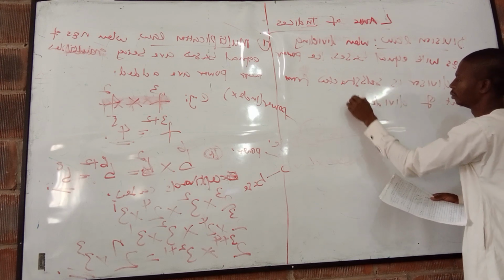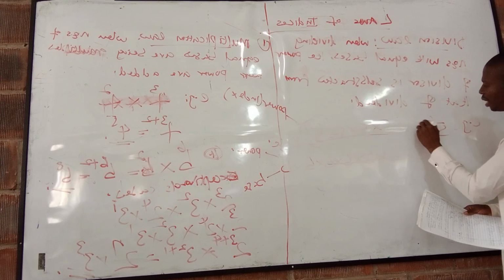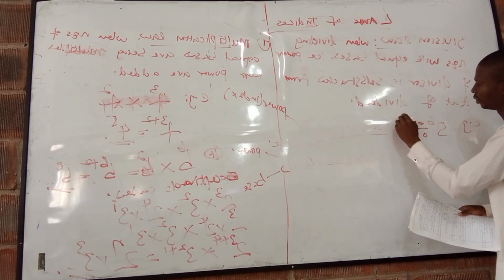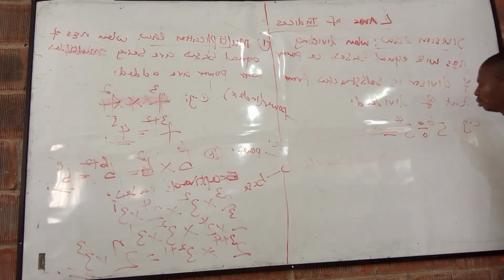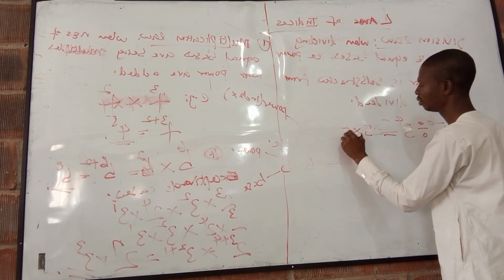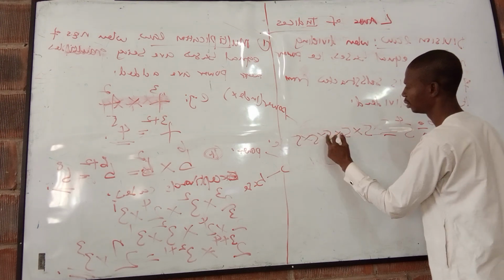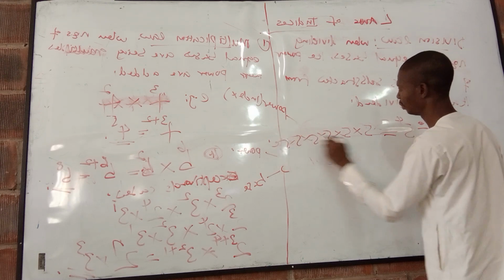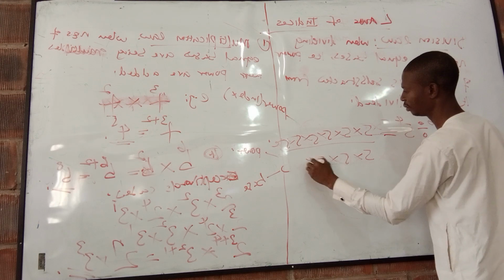Now, what that is telling us is, example given, 5 raised to 6 divided by 5 raised to 4. You can solve this by saying 5 times 5 times 5 times 5 times 5 times 5 all over 5 times 5 times 5 times 5.